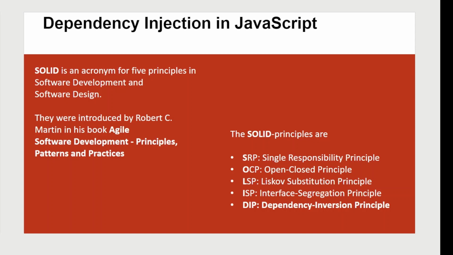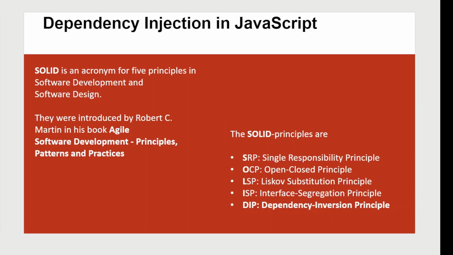The SOLID principles are, amongst others, the single responsibility principle, the open-closed principle, the Liskov substitution principle, the dependency inversion principle, and that is what we will talk about, and the interface segregation principle.